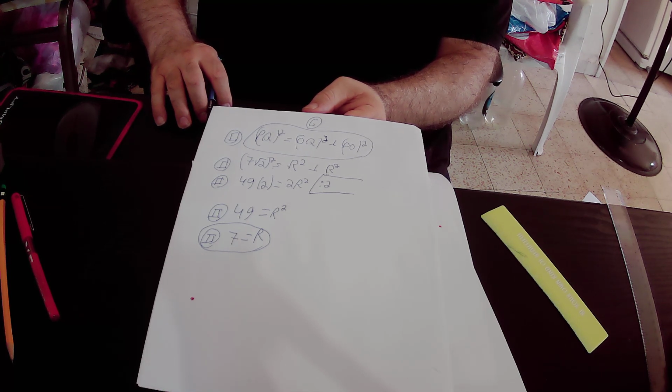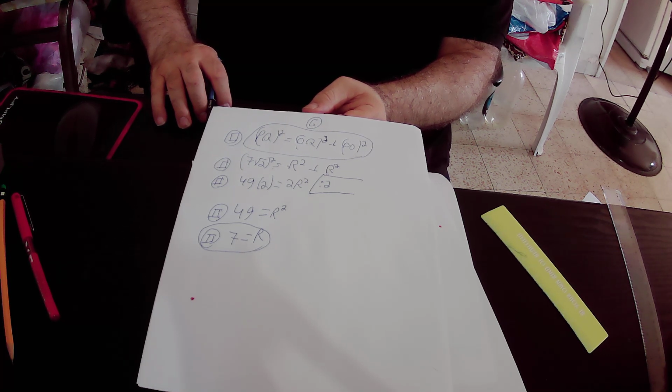Actually, the second root of 49, that is negative 7, is impossible in our case because we are talking about radiuses, and radius must be a positive number, so we will take into account only the positive root of 49.